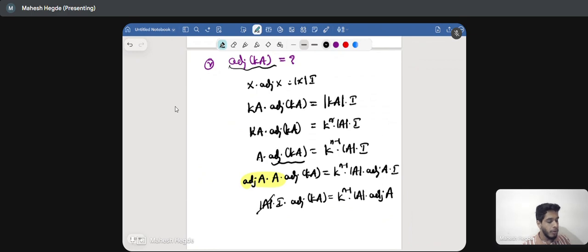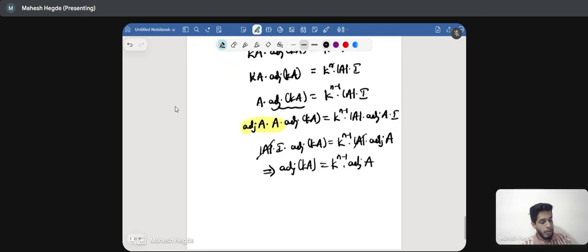Assuming that it is non-zero, I can cancel it out, and we arrive at the required result: adjoint of KA is equal to K power n minus 1 into adjoint of A. So the fifth very, very important result: adjoint of KA matrix is equal to K power n minus 1 into adjoint of A matrix.